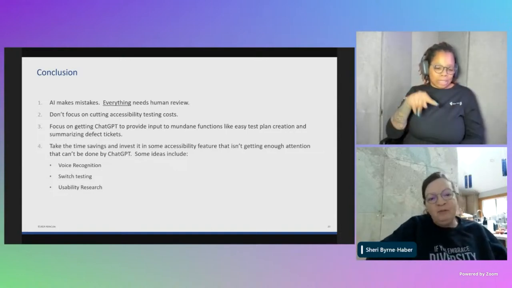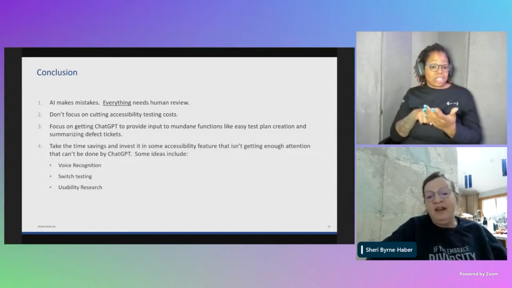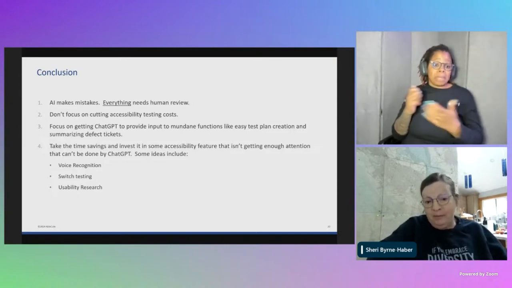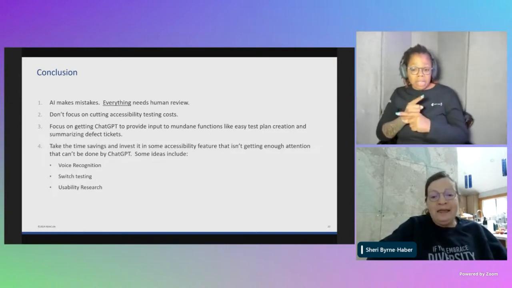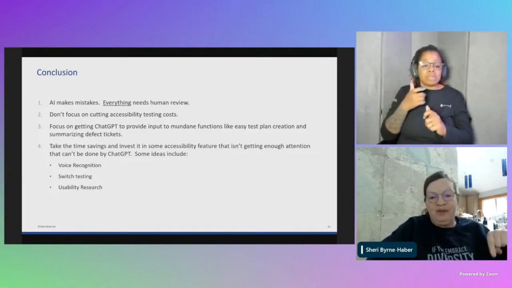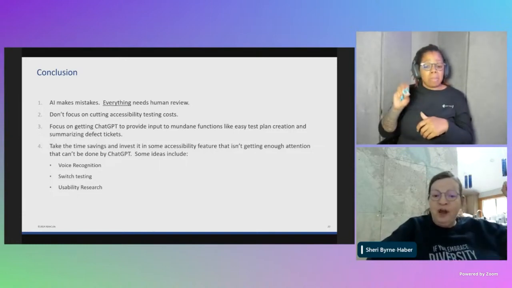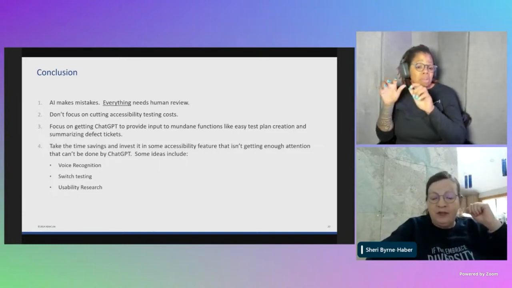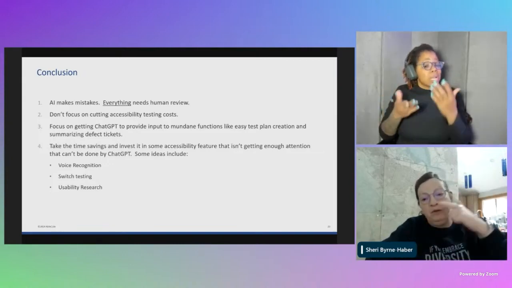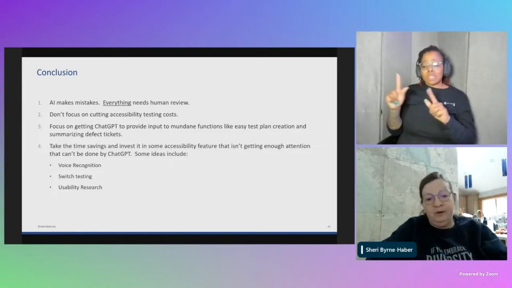So, for example, lots of people realize that voice recognition, switch testing, and usability research are all big parts of accessibility, okay? Probably 98 people out of 100 would say, we don't spend enough time on this at our company. Well, if you're not having to spend so much time writing test plans and not having to look at dialog boxes anymore, then you might have time to do the voice recognition, the switch testing, and the usability research.